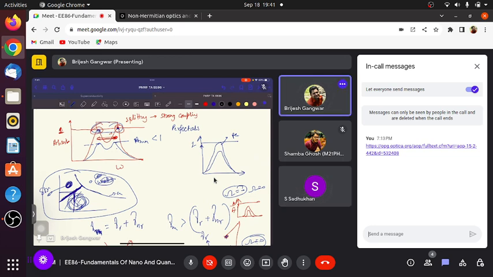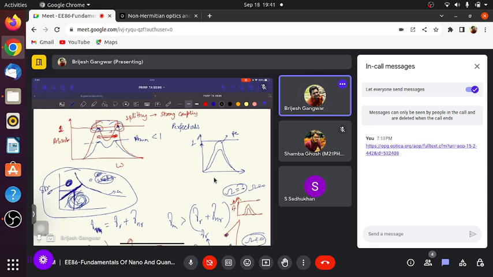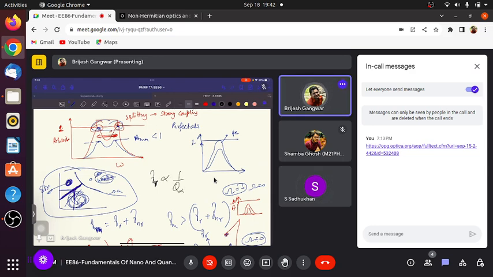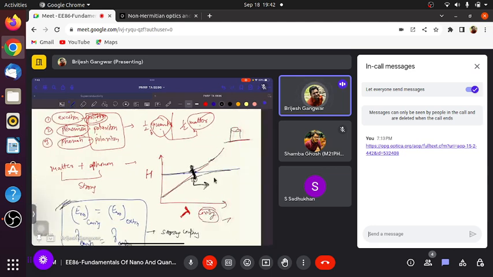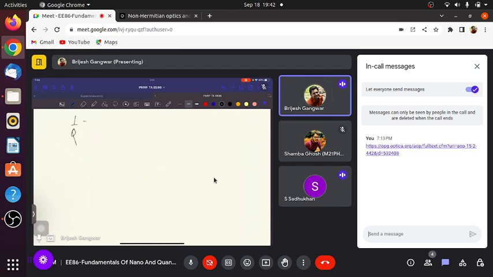See, this absorbance curve is mainly this gamma R we are talking about. Gamma R is proportional to 1 upon QR, and gamma M is inversely proportional to QM. The resultant Q factor combines QR plus QM, or Q int, the intrinsic Q factor.